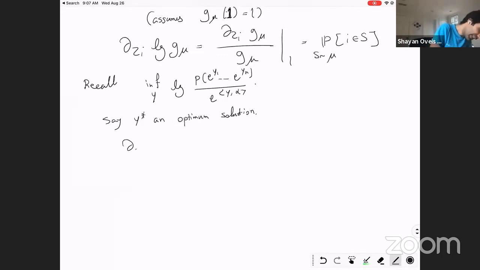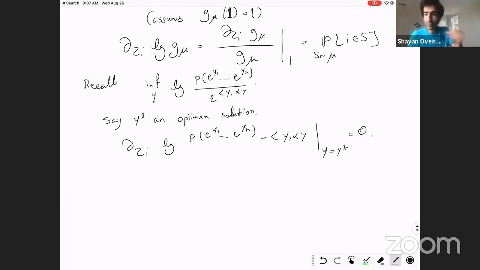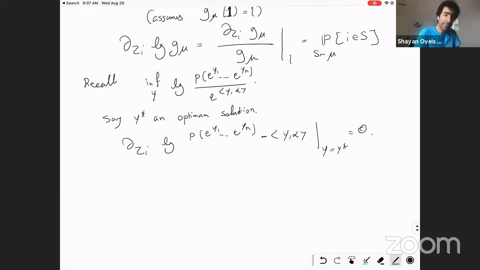So I know that the partial of log of p of e to the y1 up to e to the yn, you can actually take the log and write it this way, is in fact equal to this minus y times alpha. If you evaluate it at y equal y star, you get 0. Okay, so that's what the optimality condition means. If you compute this at y star, you get 0. Now, what does this mean?